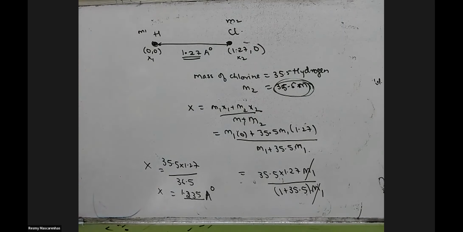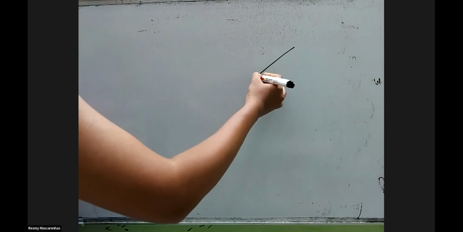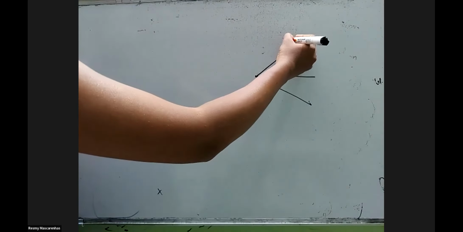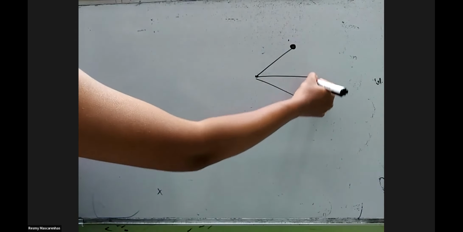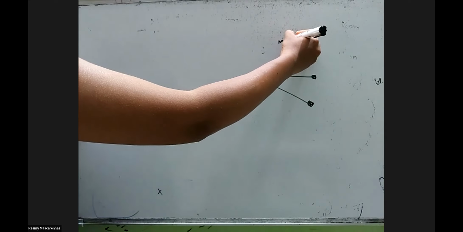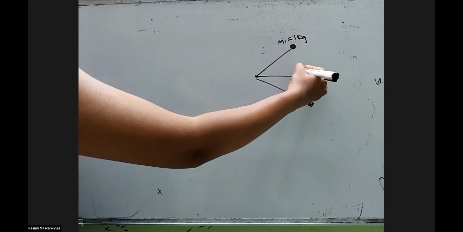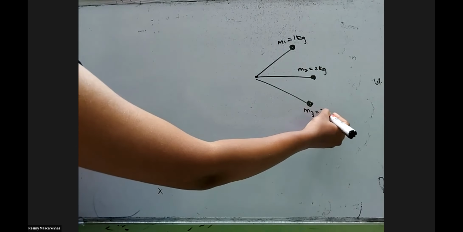So assuming now there are three masses, maybe this is the origin with respect to that. We don't know where exactly, so randomly this is one sphere, this is another, this is another. M1 is of 1 kg, M2 is 2 kg, and M3 is 3 kg.